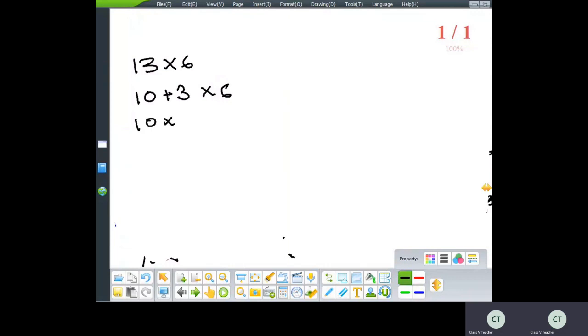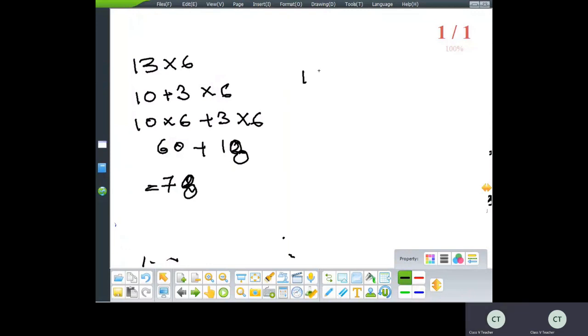So 10 into 6 plus 3 into 6. 10 6s are 60 plus 6 3s are 12. 60 plus 12 is 72. Now let us try the same way. 6 3s are 18. So it is 78.